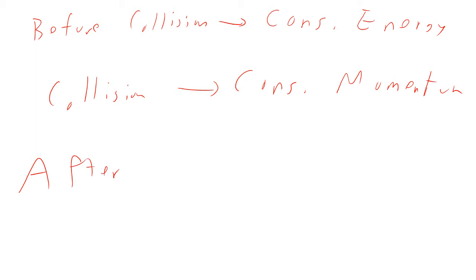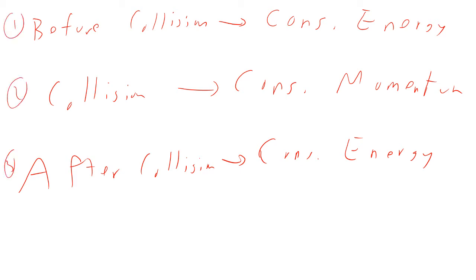After the collision, it's swinging again, so conservation of energy. So we have three parts of this problem that we need to deal with. So first part, before the collision, the object swings down to the bottom and we want to know how fast is it moving. Okay, so we've done this problem before.